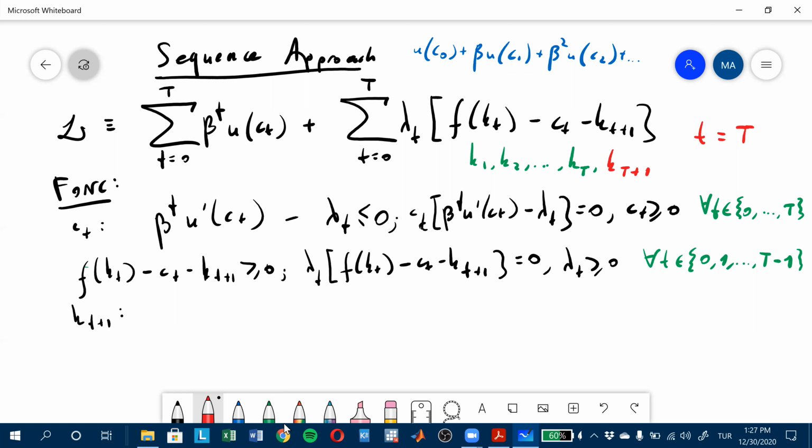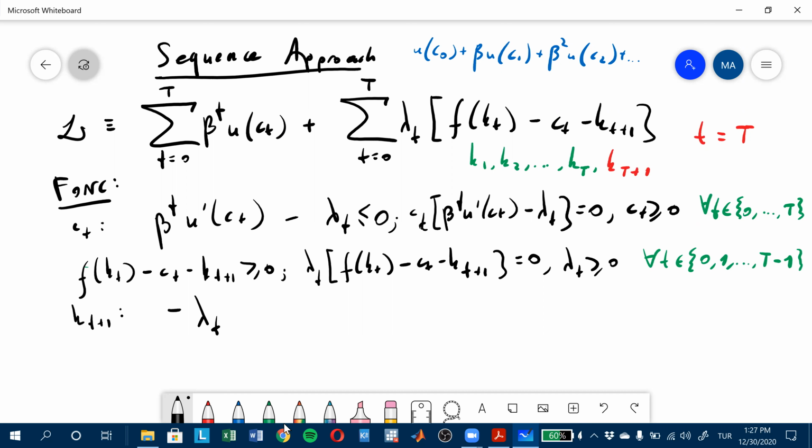So the first choice here is K1. Where do you see K1 here? So the derivative with respect to K1 is like this. Minus lambda T, because when t is equal to 0, you have K1 here. So its derivative is minus lambda T.